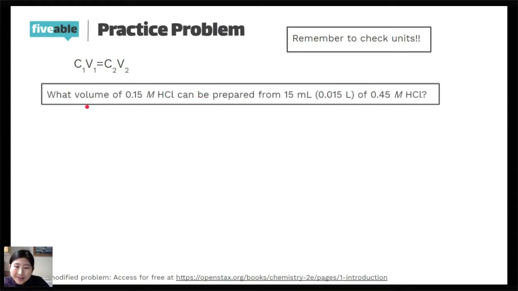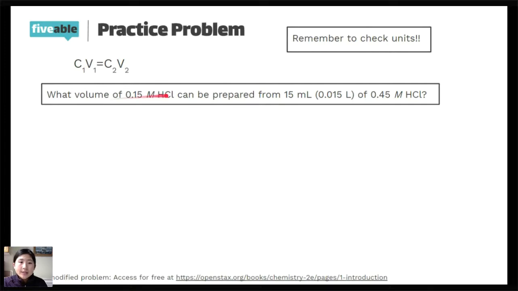Let's say we're not adding HF, or another type of acid, to this. We're going to find what volume of 0.15 molar hydrochloric acid can be prepared from 15 milliliters, or this many liters, of 0.45 molar hydrochloric acid.